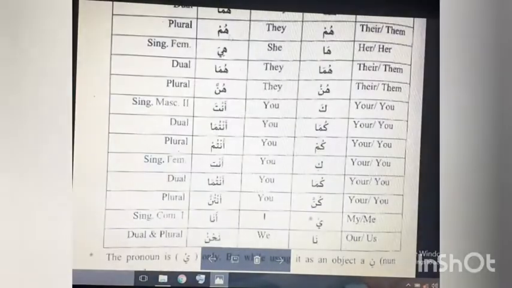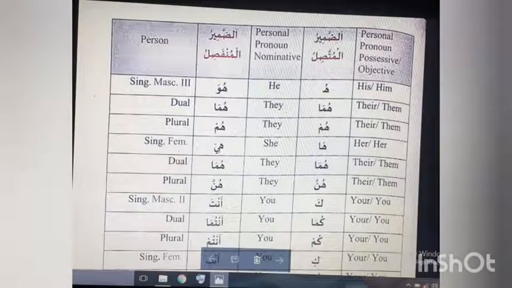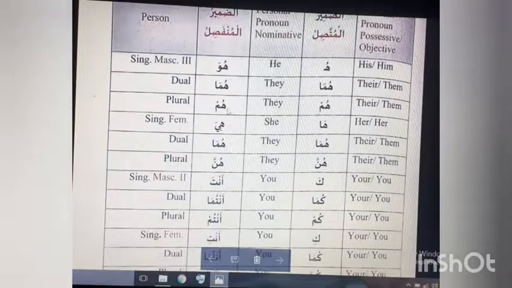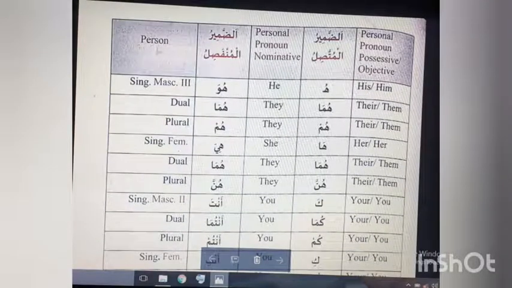Now see, this is the table. This column is for ضمير متصل and this is for ضمير منفصل. See, الضمير المنفصل for singular third person masculine is huwa, and in English we write here he.